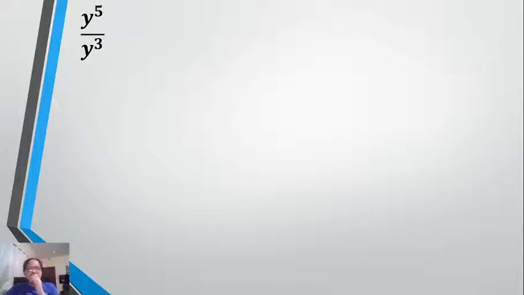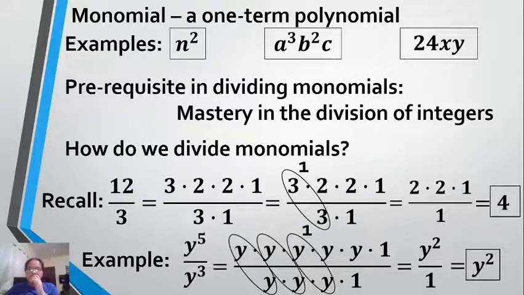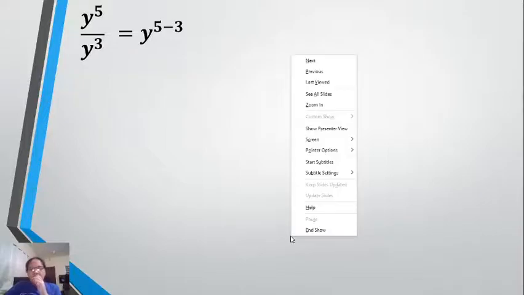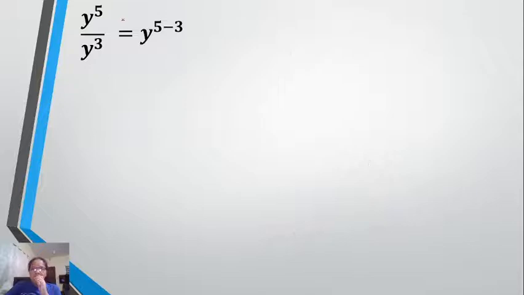So let's have a shortcut to that. If you will see, this concept is simply subtracting the exponent in the numerator and the denominator. So in the numerator, the exponent is 5. In the denominator, the exponent is 3. So the rule there is just simply subtract the two exponents, but take note they should have the same variable.